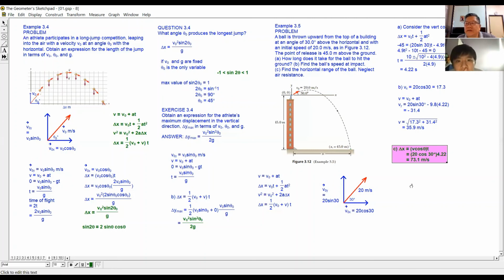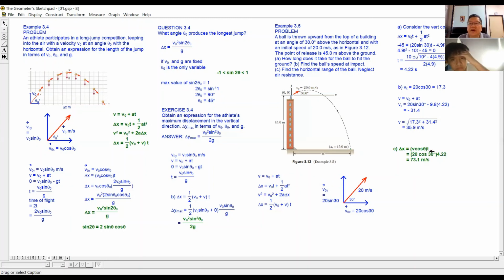So any question regarding the range? This is called the range. When you want to find the range, because there's no horizontal acceleration, it's just the constant velocity multiplied with the time.